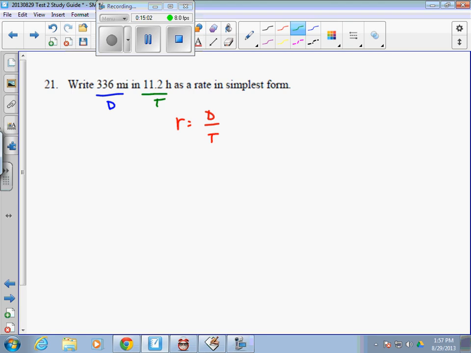So all we're going to do is plug those values in, 11.2 hours and 336 miles in place of time and distance respectively. We don't know what our rate is, but that's what we're finding out. So 336 divided by 11.2 is 30. So our rate equals 30, and we don't do anything to cancel out miles per hour, so miles per hour.